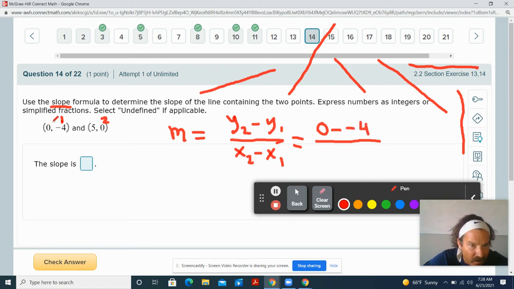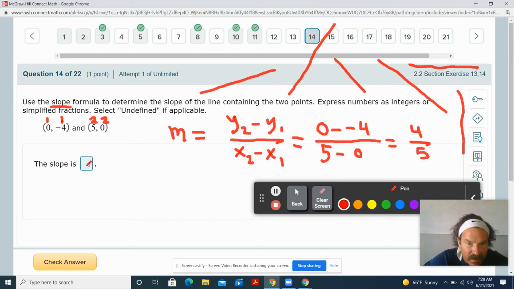If I call this one y1, then I call this one x1 and this one x2, so it's x2 minus x1. So I have 0 minus negative 4, and 5 minus 0. Well, 0 minus a negative 4, remember a minus is a plus, so that's just 4. And 5 minus 0 is 5.